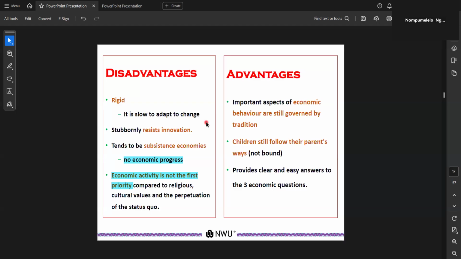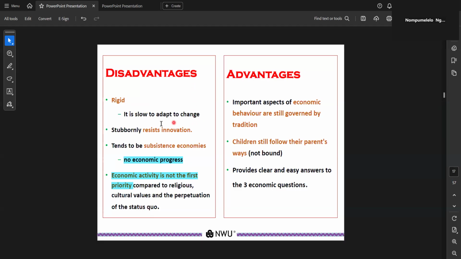But in developed countries, they're no longer employing that much labor. Now they're using machines and equipment to increase their production. So the traditional system is slow to adapt to change because they rely on their custom, on their tradition, on what they're used to doing.